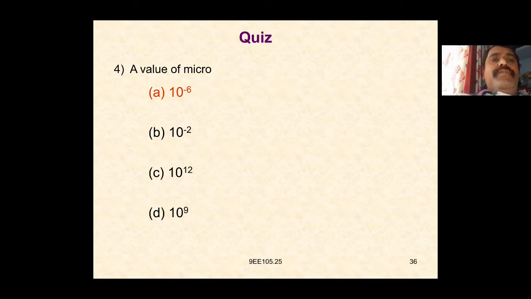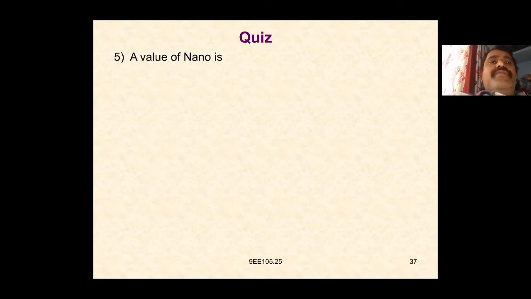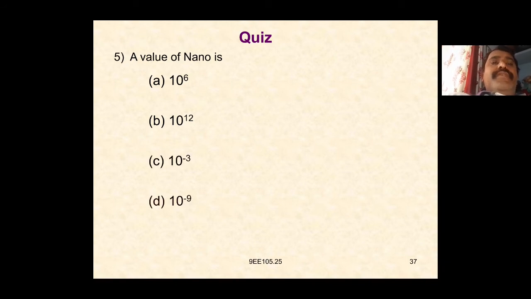It is 10 to the power of minus 6. So the value of nano is 10 to the power of 6, 10 to the power of 12, 10 to the power of minus 3, or 10 to the power of minus 9.